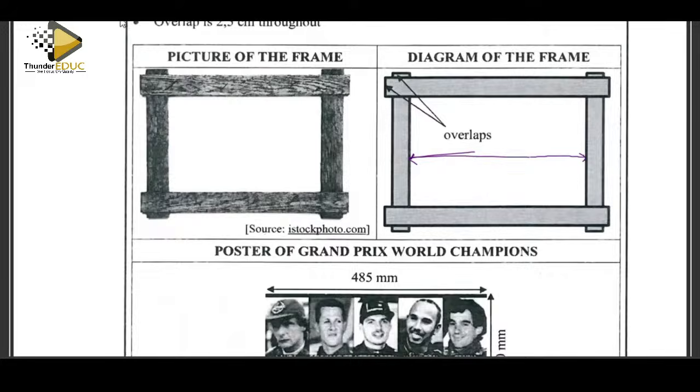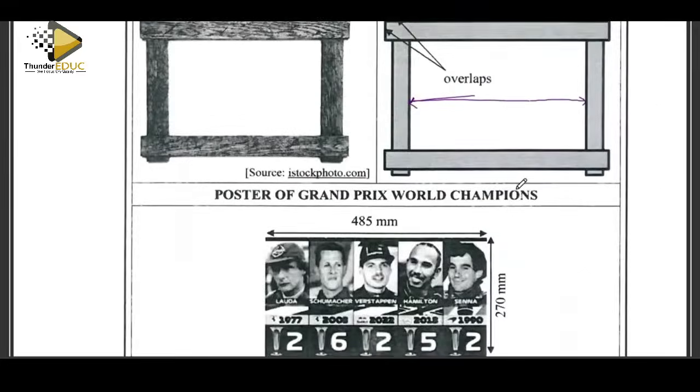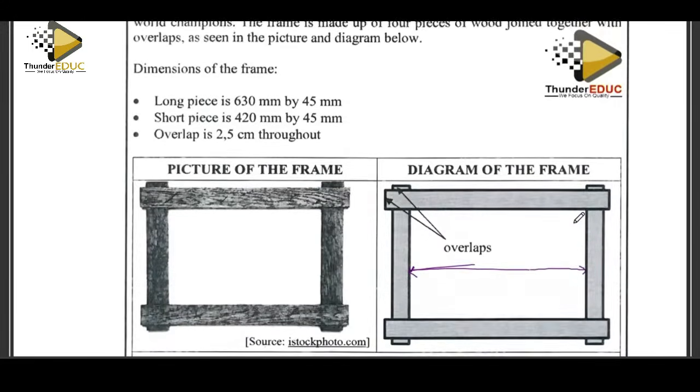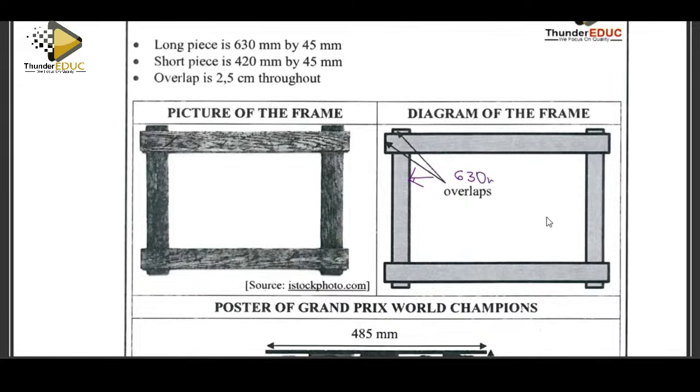So now what we need to think about is that they have told you here we have some information. What that simply means is that outside this is supposed to be, but you're looking for inner. That means we need to remove this part here and also remove that, plus the overlap.